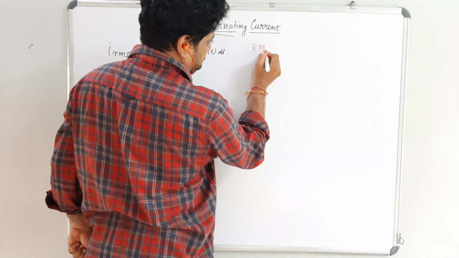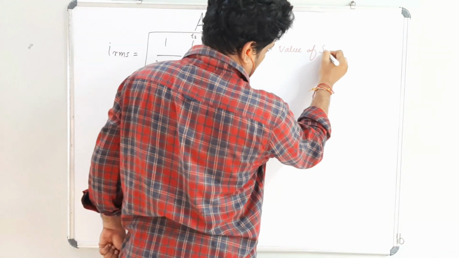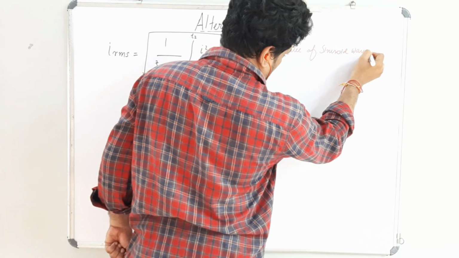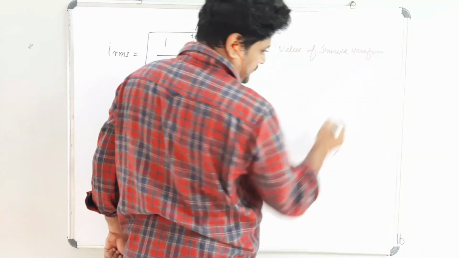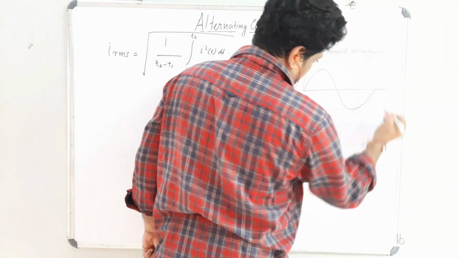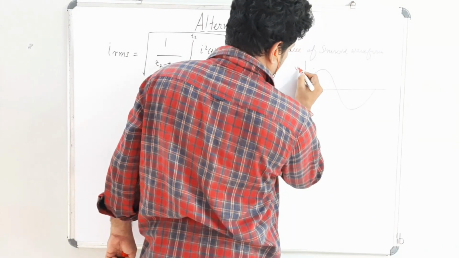How does it come? The RMS value of a sinusoid waveform. Take one voltage waveform, where this is the Vm.